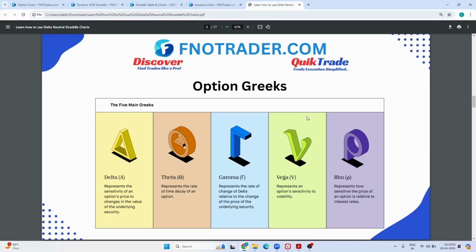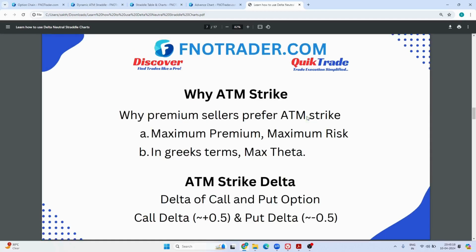Now we said that for every underlying movement, the option price will change by a certain amount, which is represented by delta. Correct? Now let's take an ATM strike, because we are plotting an ATM straddle.